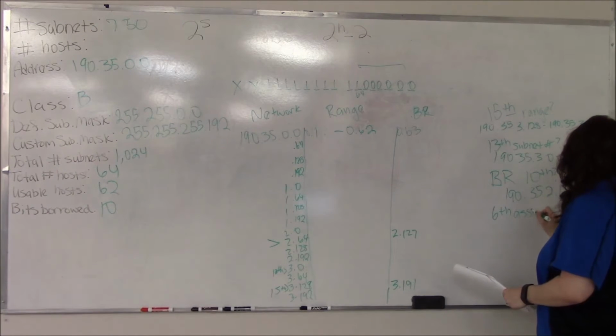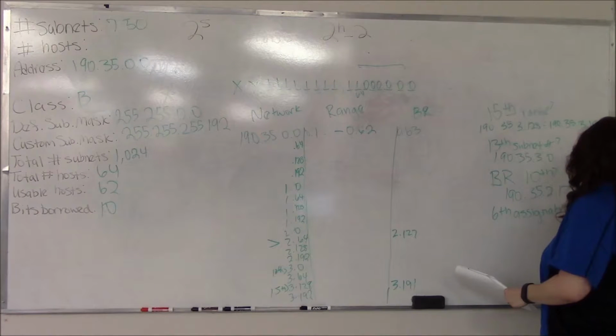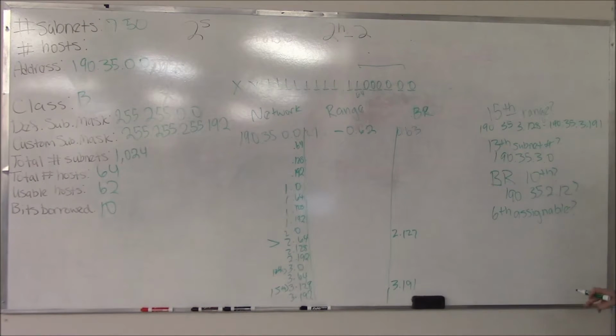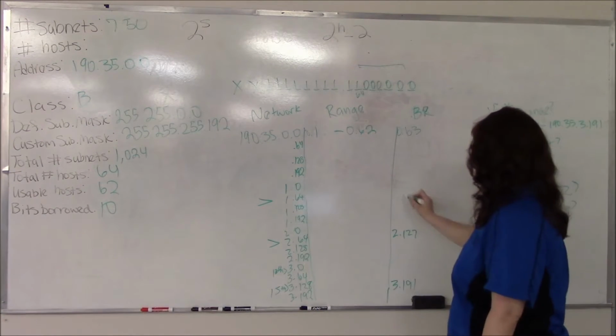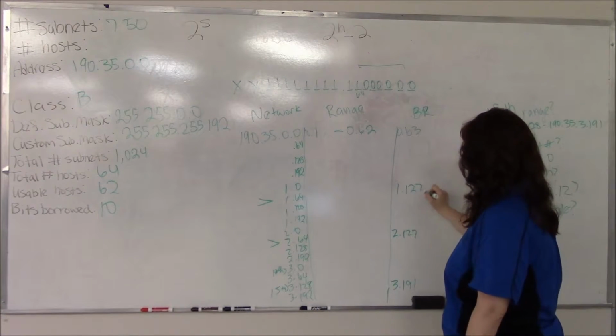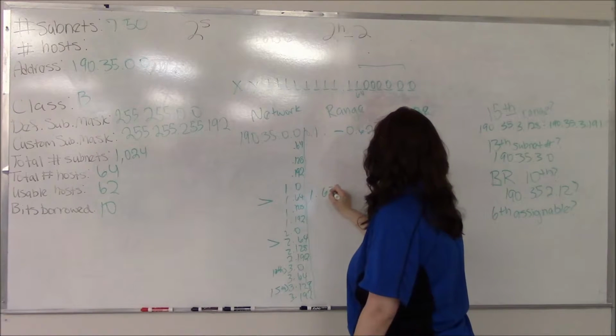The assignable addresses for the 6th subnet. So 190.35.1.65 to 127. Or actually 126.